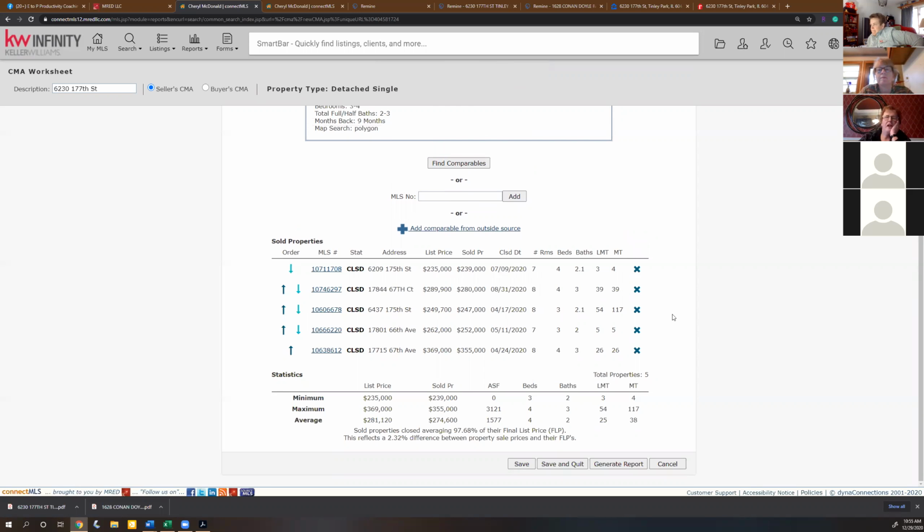Would you ever, in a situation like this, suggest to test the home at a higher price than what the comparables were, just to see if anyone would bite, since it's an area that doesn't have houses come available too often?